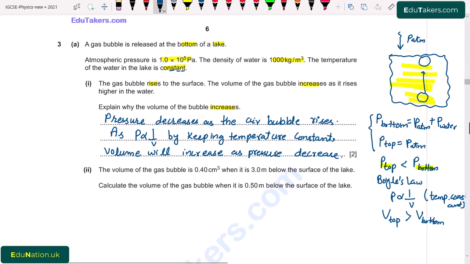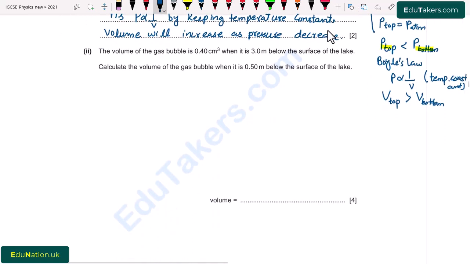Part 2. The volume of the gas bubble is 0.40 cubic centimeter when it is 3.0 meter below the surface of the lake. Calculate the volume of the gas bubble when it is 0.50 meter below the surface of the lake.